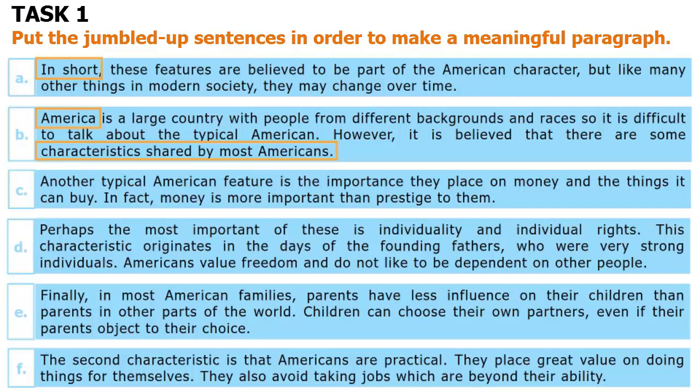Which words or phrases we have to pay attention to in the sentences of part C? We will underline another typical American feature. For the sentences in part D, perhaps the most important of these should be underlined. In part E, we should underline finally. And last but not least, in the sentences of part F, it's important to focus on the second characteristic.